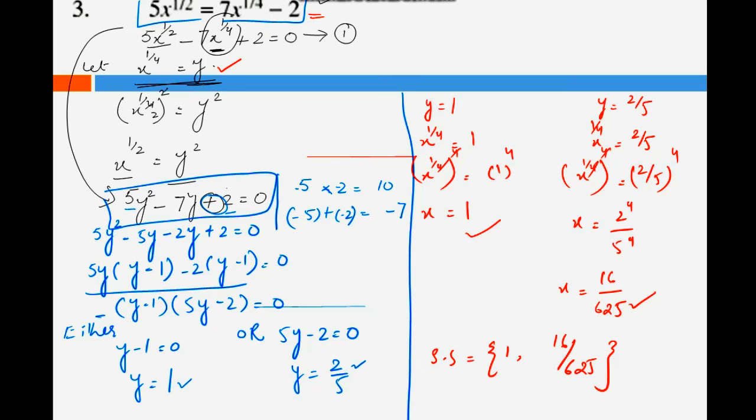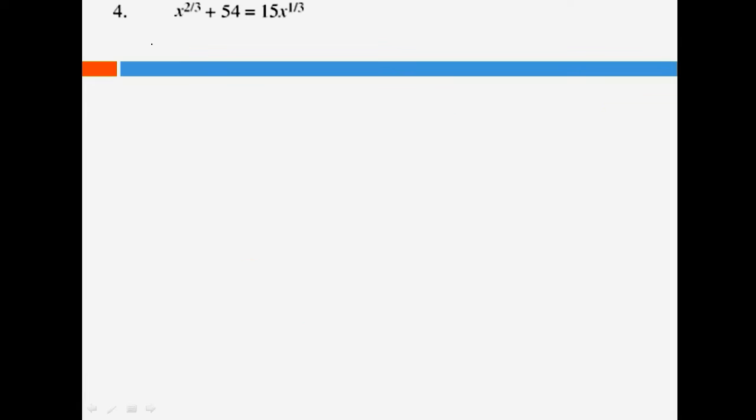I hope you have understood this question. So now let's do question number 4. In this question as well, we have to convert it first into standard form. That will be x raised to the power 2 upon 3 minus 15 x raised to the power 1 upon 3 plus 54 is equal to 0. After converting this equation in standard form, we have to reduce it into quadratic form.